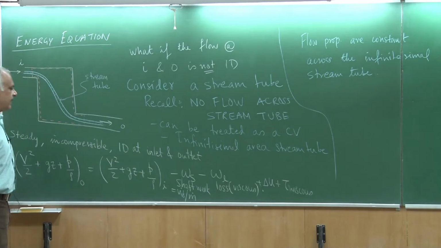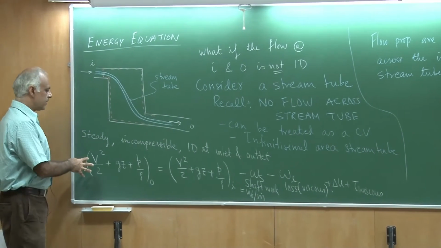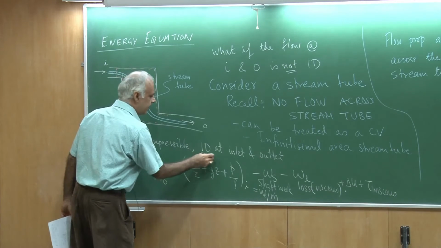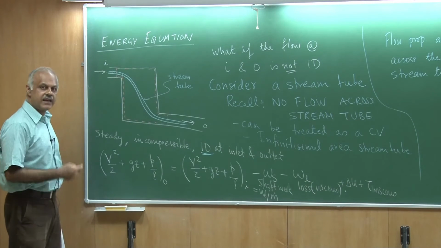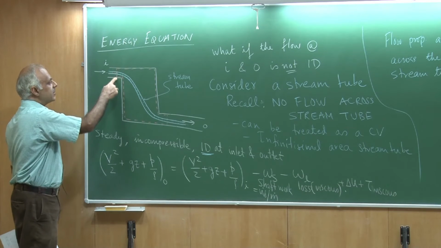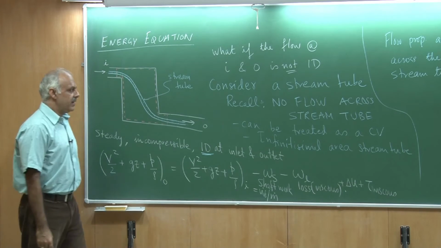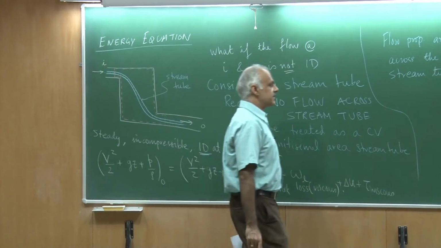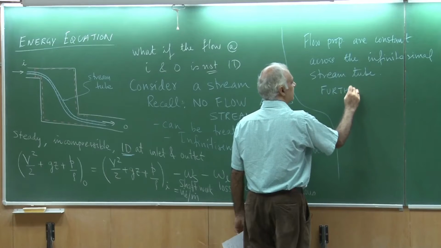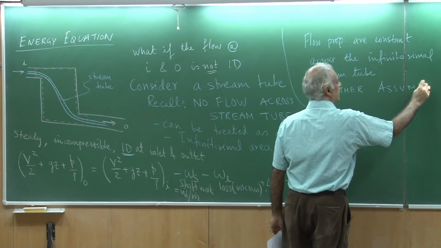And then I can actually apply the energy equation, not in this form. This was when the flow was 1D at the inlet and outlet, but I can go back to the original energy equation which actually had the integral over the control surfaces, and so on. I am going to make a few other assumptions. I further assume the following.